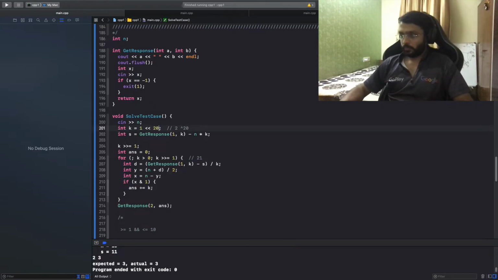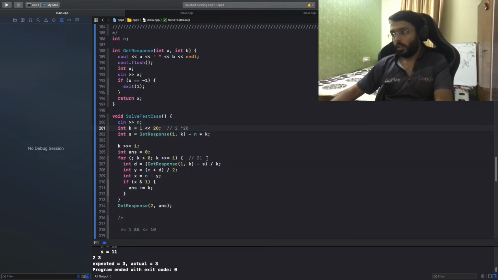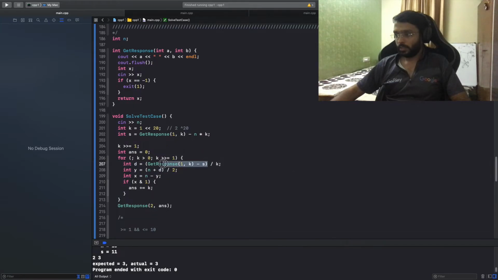One of the good things which I realized is the value of this particular term, get response 1 comma k minus s. This will be a multiple of k, right?